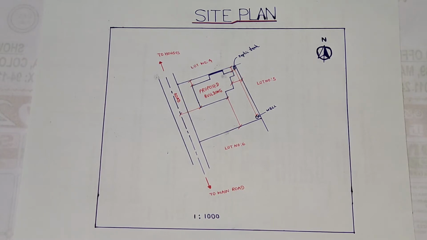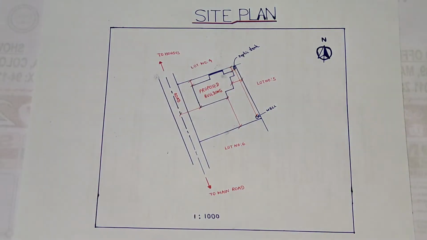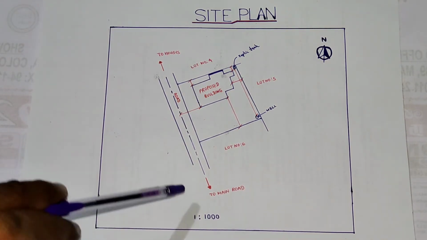A main thing is, in the site plan you have to indicate the north direction. You have to show the particular north direction, and also, as an example, here they show the scale as well.